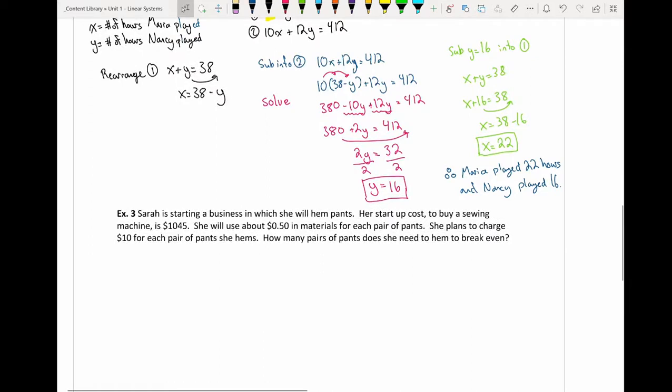So example 3: Maria is starting a business in which she will hem pants. Her startup cost to buy a sewing machine is $1,045. She will use about 50 cents in materials for each pair of pants. She plans to charge $10 for each pair of pants that she hems.